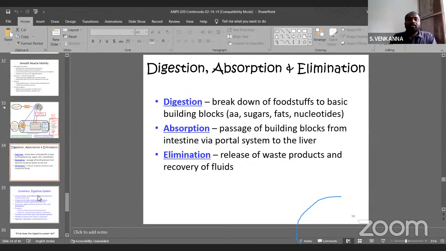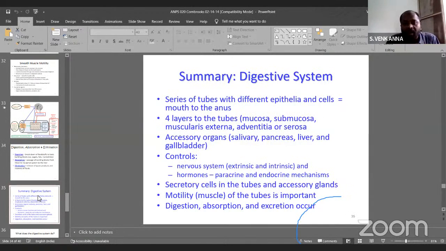So next one, the summary of the digestive system. A series of tubes with different epithelial cells from mouth to anus. The four layers of the tube: mucosa, submucosa, muscularis and serosa.